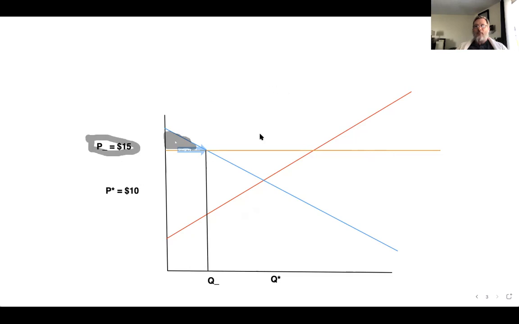And then the producer surplus ends up being this trapezoid down here, which basically means in the labor market, if you're somebody who keeps your job and you get paid more, then of course you're better off, right?